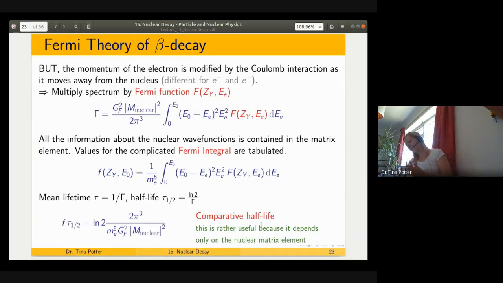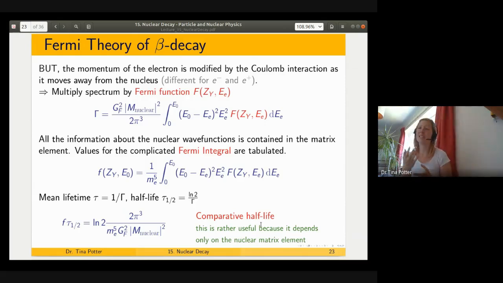Now, it's not that simple. Of course, it's not that simple. When an electron or a positron is emitted from the nucleus, there's a Coulomb interaction. A positron will be repulsed by a nucleus because they've got like charges, and an electron is going to feel more of a tug back towards the nucleus because they have different sign charges.